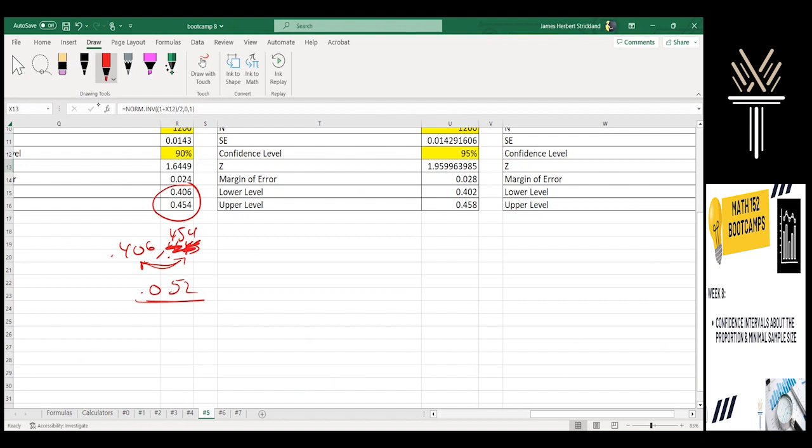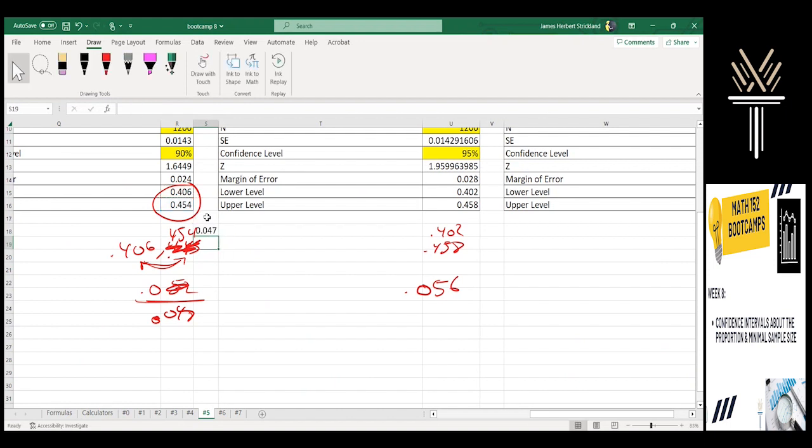If I do 0.402 to 0.458, now if I subtract, it's 0.056, the bigger number minus the smaller number. I just realized I'm making it hard. I can actually just do equals that number minus this number and then expand it.